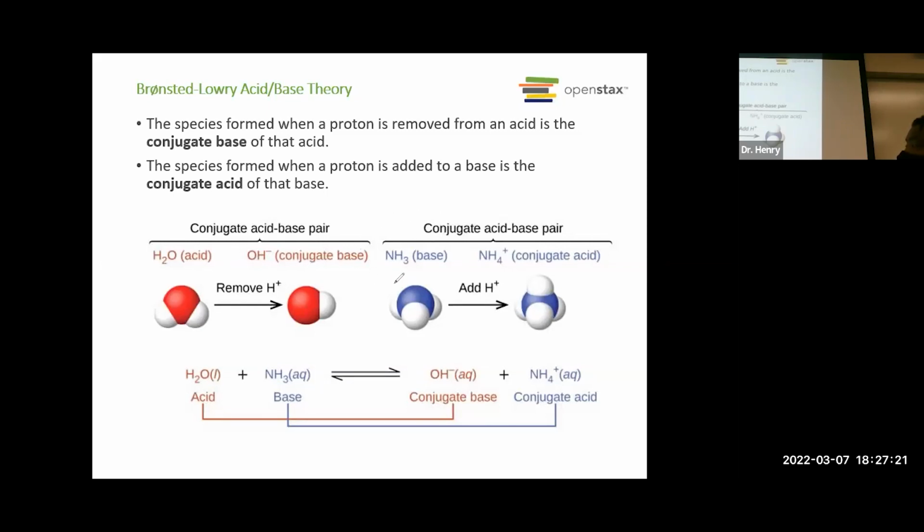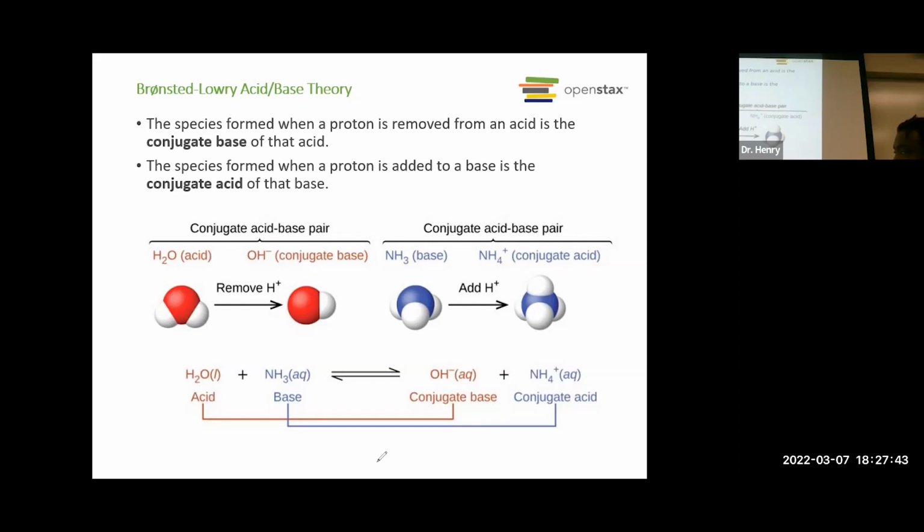And so here we have ammonia acting as our base. As it accepts an H+, it becomes the ammonium ion, and that's its conjugate acid. So together, we always have a pairing.